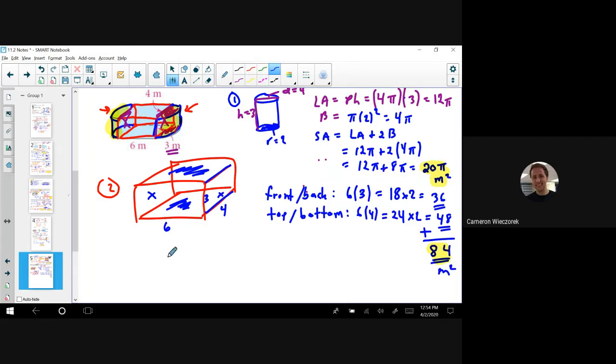So my total surface area, call this step 3, for the shape is going to be 20 pi plus 84. And that would be leaving it in exact form. I can't add these together because this has a pi, this does not have a pi. If the problem asked me to round it, I would type into my calculator 20 times pi, hit enter, and then add 84. So 146.8.